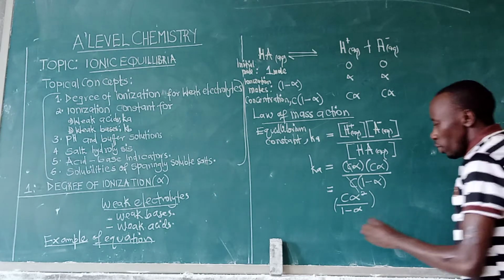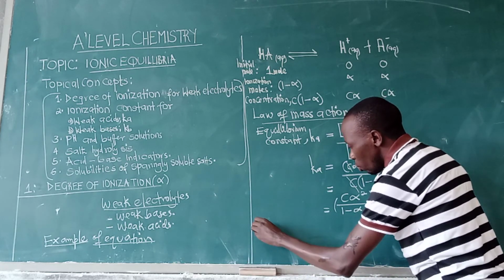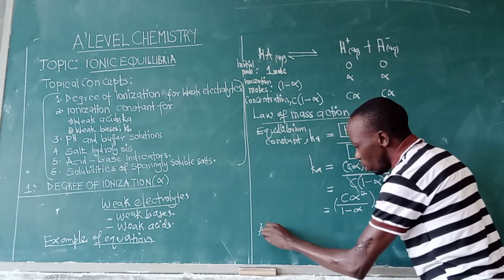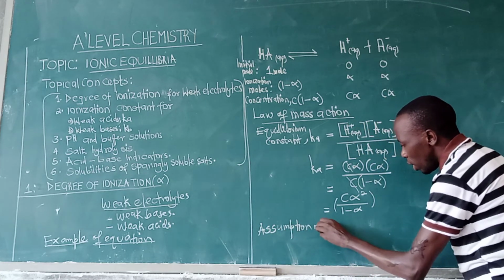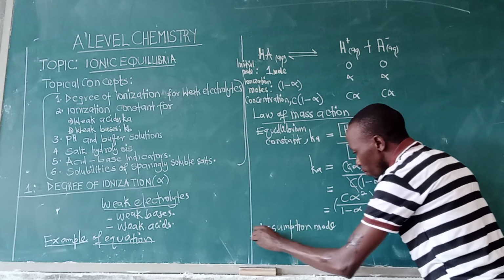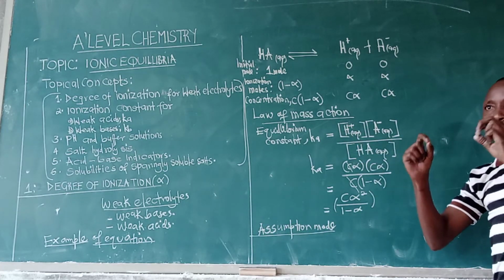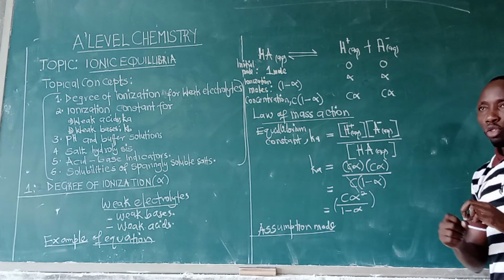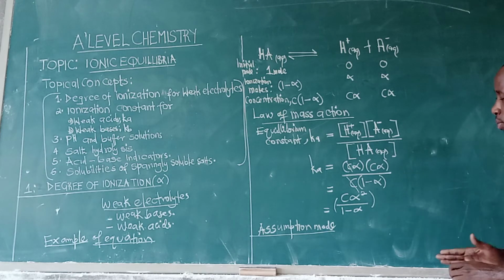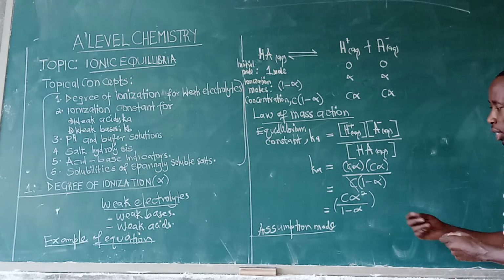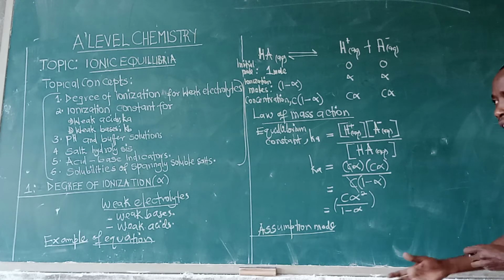Now, the assumption that we need to take into consideration here is the assumption made. What assumption do we make here? Since this dissociation is taking place at a maximum dilution, or near zero concentration, that means the concentration of the ions is dynamically equal to the concentration of the reactants.